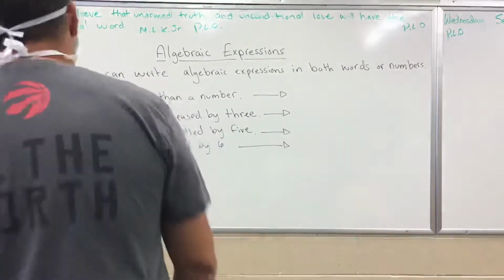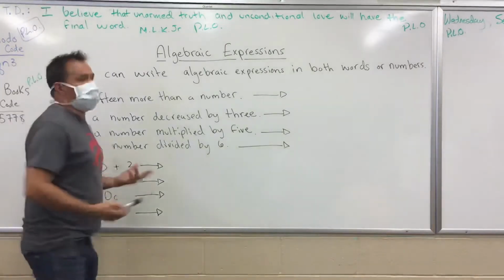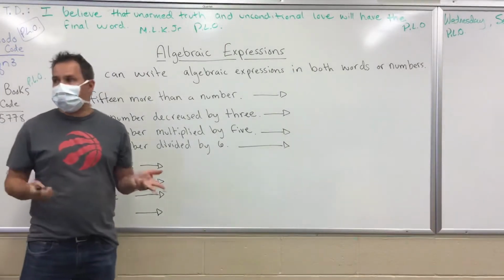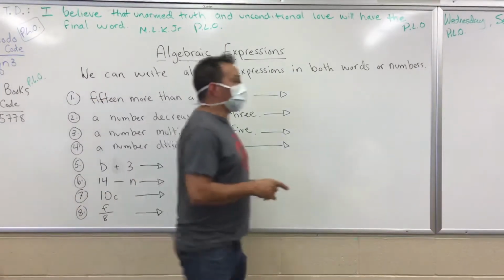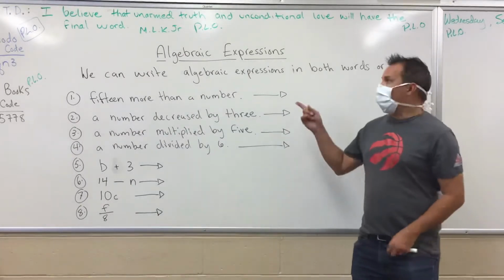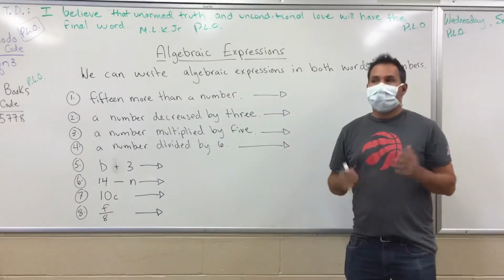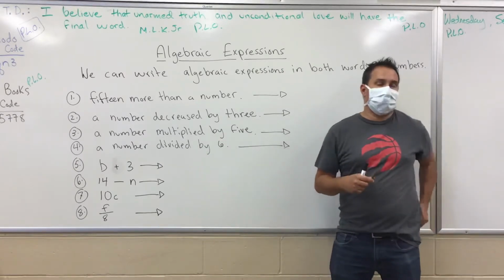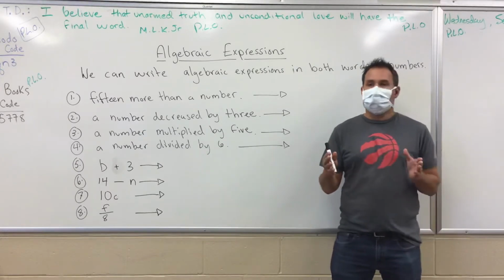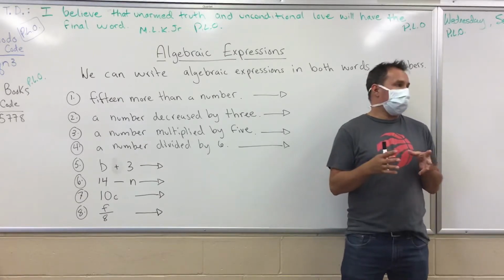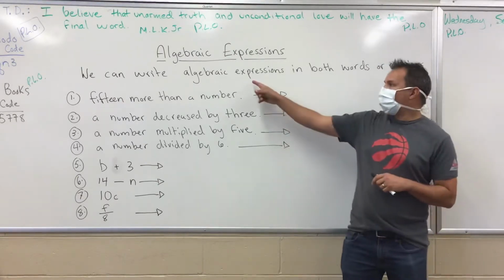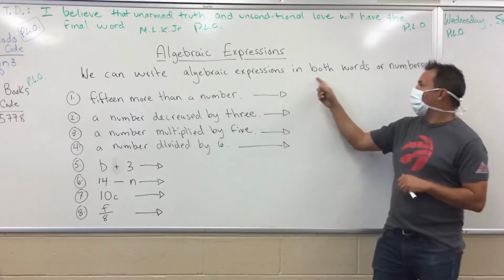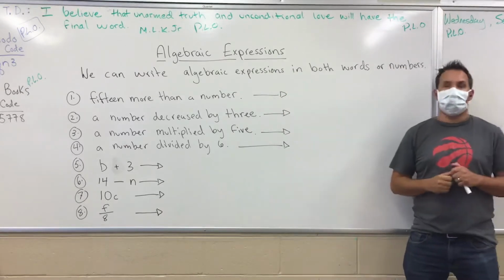All right, so in continuing with our algebra basics which we learned yesterday, we're going to go through our algebraic expressions. Algebraic expressions is just a term we use for writing out an algebra equation. We say that algebraic expressions can be in both words or numbers.